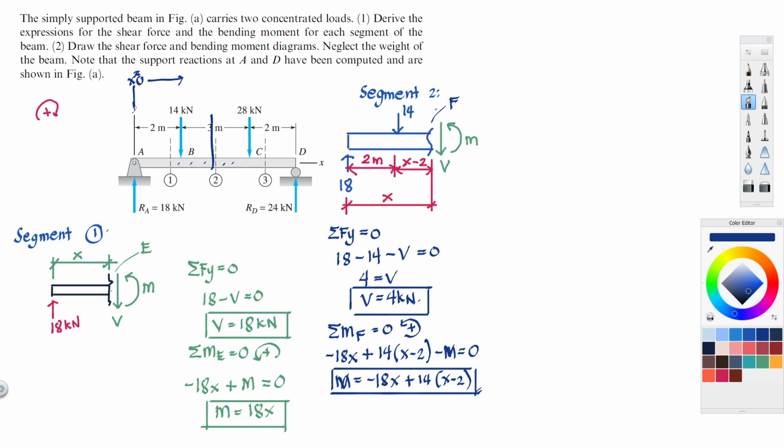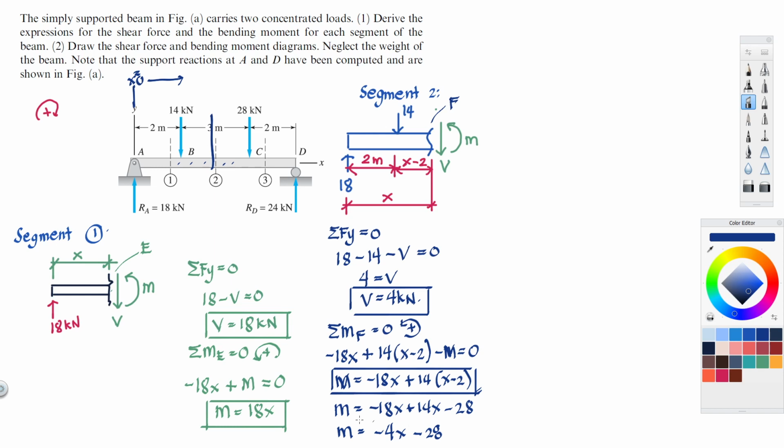Okay? Actually, pwede natin siyang i-simplify, no? So, again, the moment would become equals to negative 18x plus 14x minus 28. So, our moment would become negative 18x plus 14x is negative 4x, and then you will be having here minus 28 kilonewton-meter.